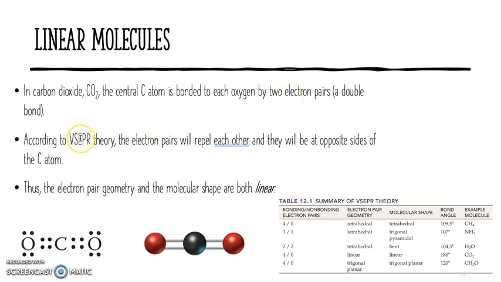And these 2 electron pairs will be at opposite sides of the carbon. So it's over here and over here. And it pulls on the electrons equally away from carbon by the 2 oxygens. And therefore the electron pair geometry and the molecular shape of carbon dioxide are both linear.